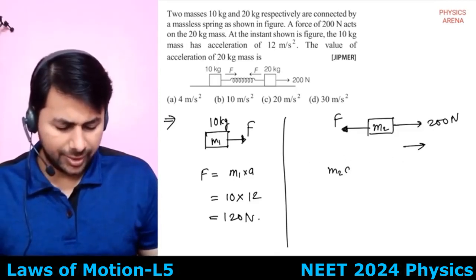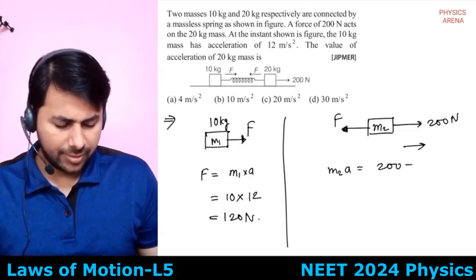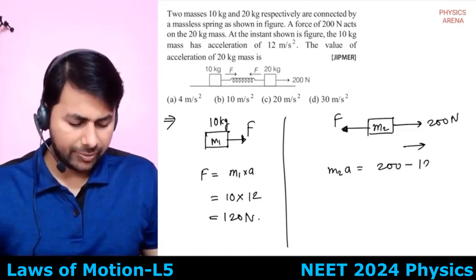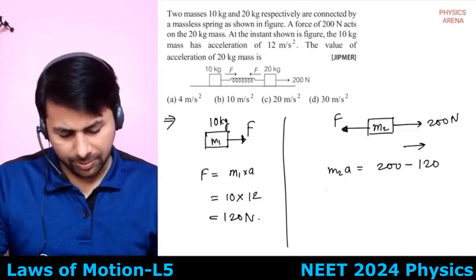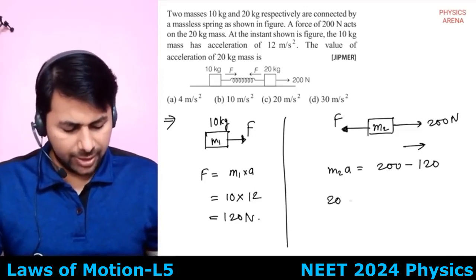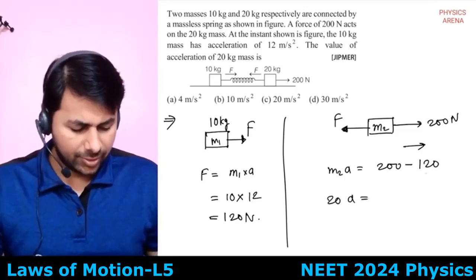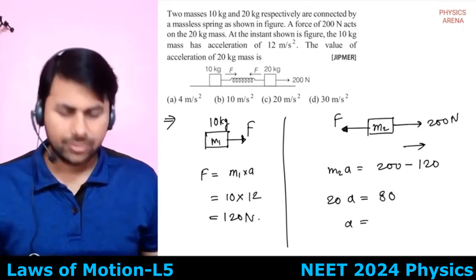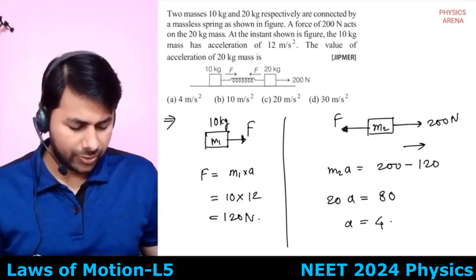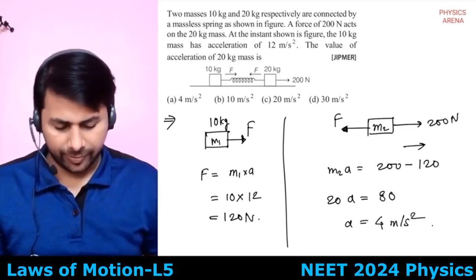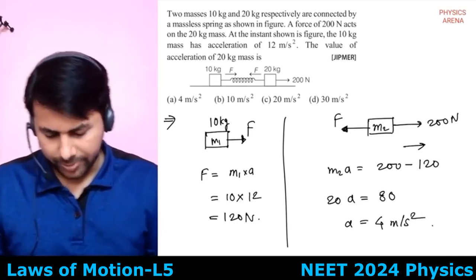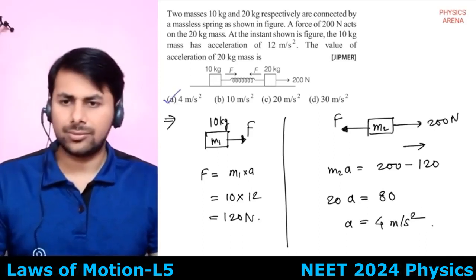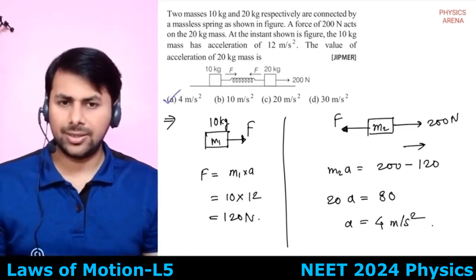So m2 into a is equal to 200 minus F, which is equal to 120. And m2 is 20. So 20 times a is 200 minus 120, which is 80. So we get a equals 80 by 20, that is 4 meter per second square. Option A, right? This is simple.